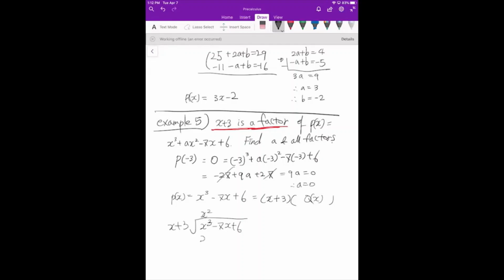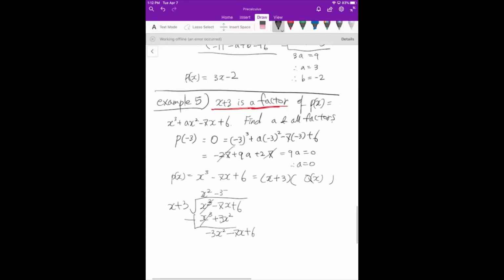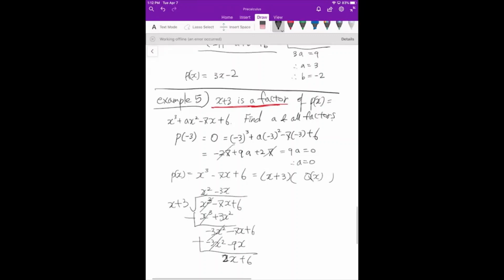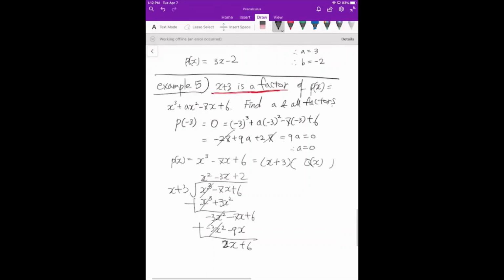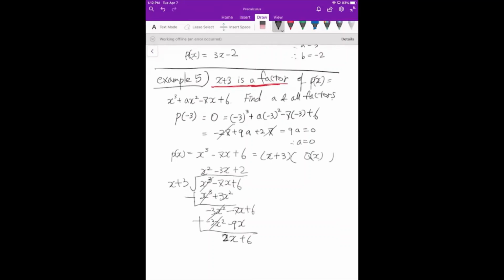So x squared, x cubed plus 3x squared, then minus 3x squared minus 7x, just carry down. And then you multiply negative 3x to make it negative 3x squared. Then negative 9x. What do you have? You cancel, so you have 2x plus 6. Ooh, now it's clean. There's no remainder. If you multiply 2 times x plus 3, you have 2x plus 6 and 0.